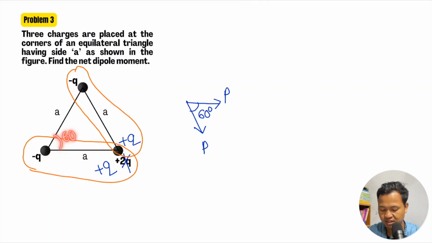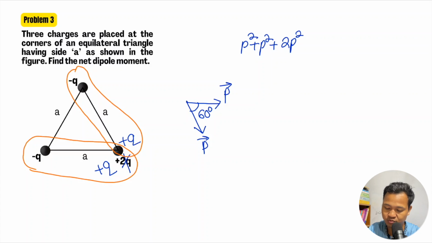So this is one P, this is the other P, and the angle between them is 60. Now vector addition: I will have here P square plus P square plus 2 into P into P cos 60. So this will be the net dipole moment.